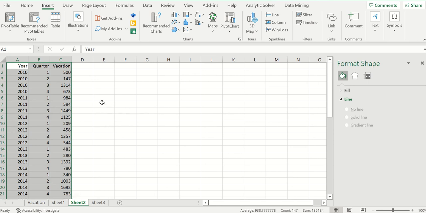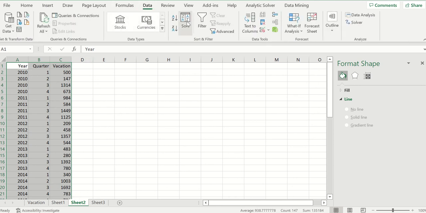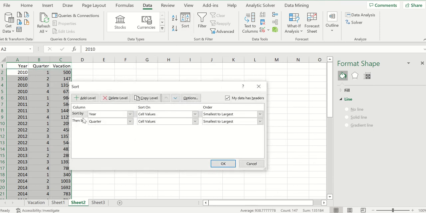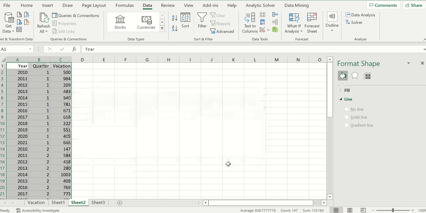This is a descriptive technique. So I highlight my data and I'm going to sort it by quarter. If I sort by quarters, I'll have all of my quarter 1 and all of my quarter 2, and so on. Let's just do a sort.